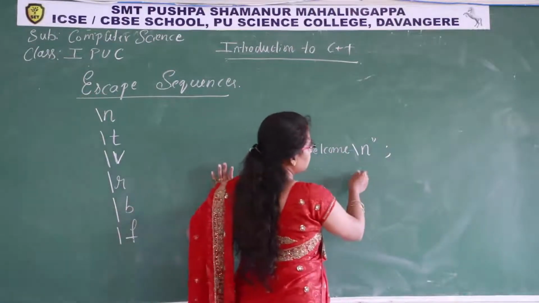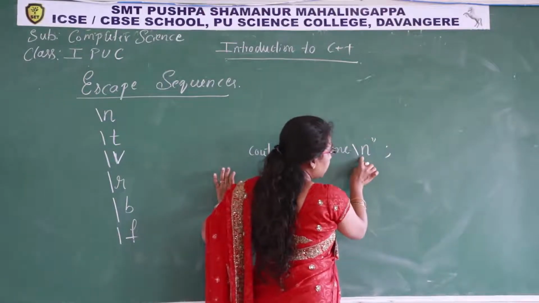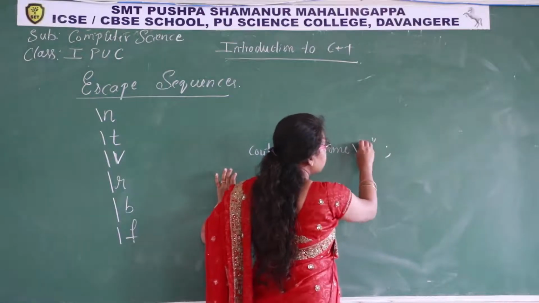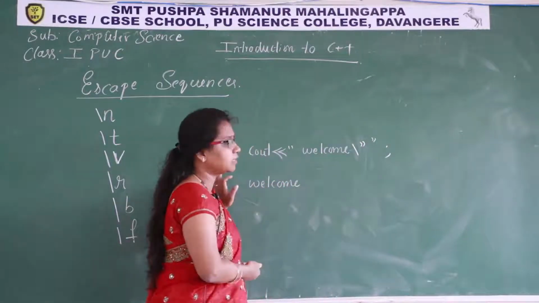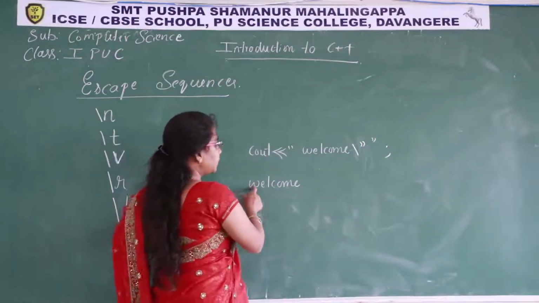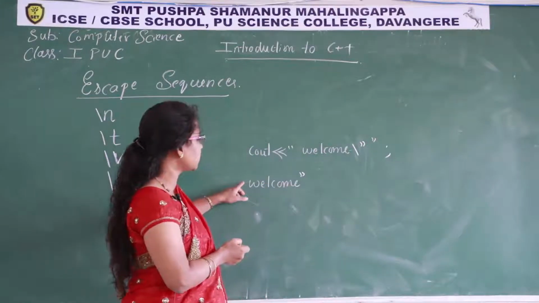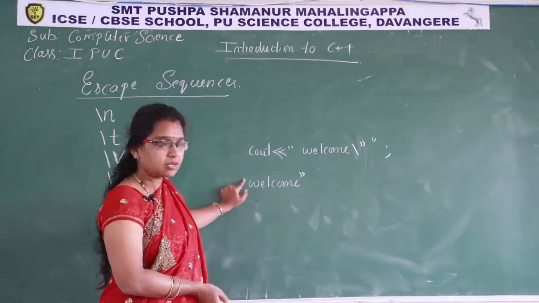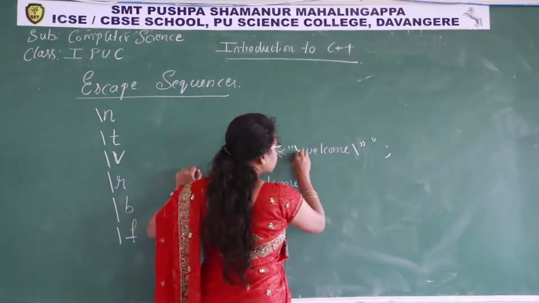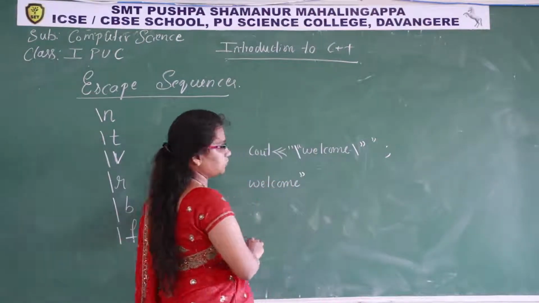Then instead of backslash n, I must give backslash double quotes here. Then how does it display? Welcome within double quotes. There is no starting double quote. To give the starting double quote here, again you have to write backslash double quotes here also.